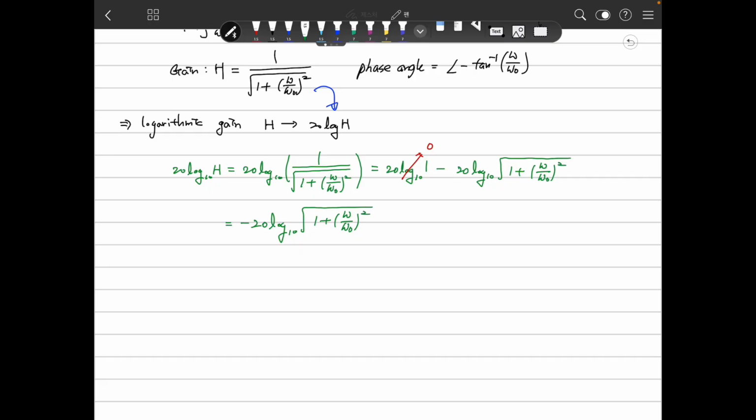So we need to draw these functions because this is a gain. But it looks very complicated. You cannot draw this figure exactly, so we need to make some approximations.